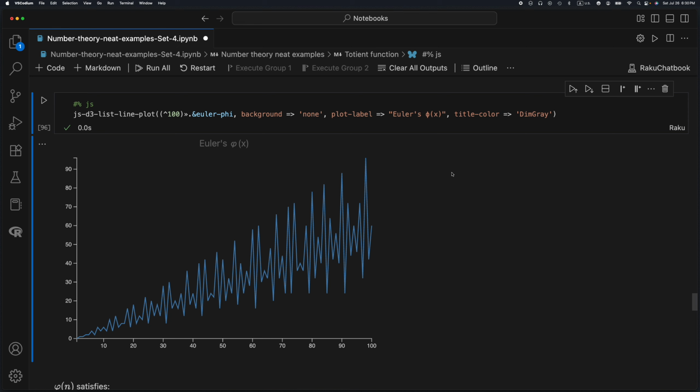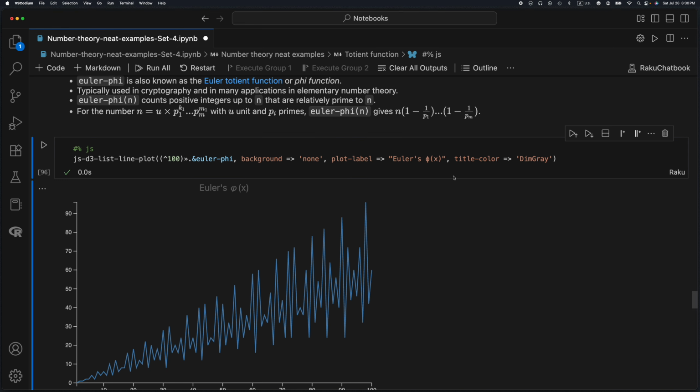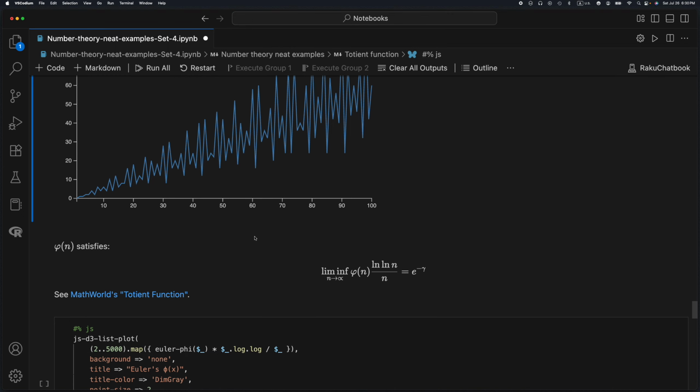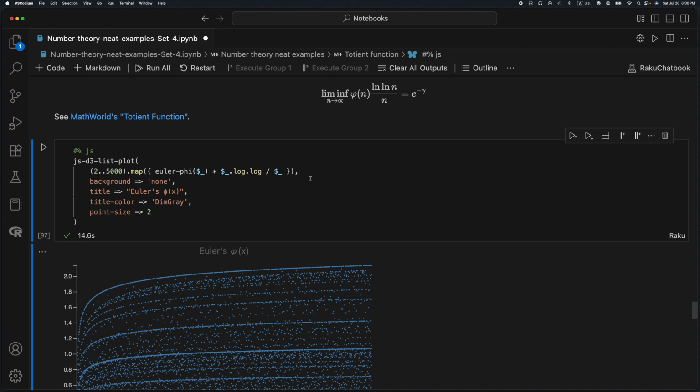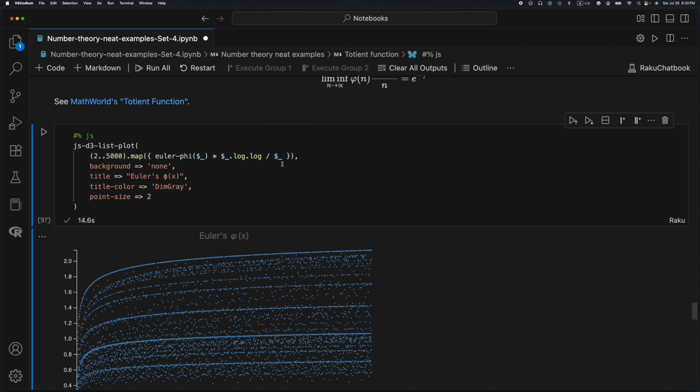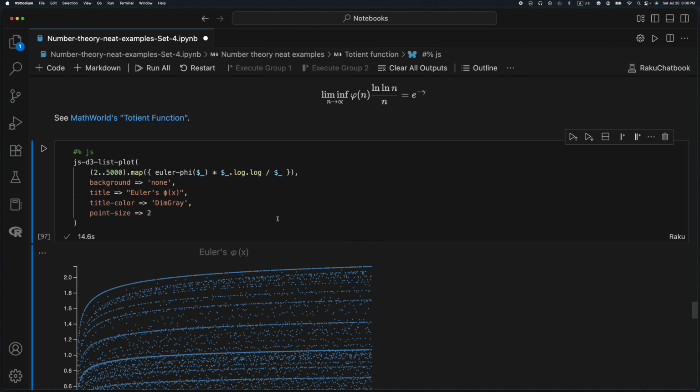Here we can plot the Euler phi for the first 100 numbers. There are some asymptotic expansions, and you can look at dedicated articles about that. Let's plot this Euler phi for a much larger sequence of numbers, and we basically exemplify this formula here. We want to show that this asymptotic holds, and we can see it somewhere here.